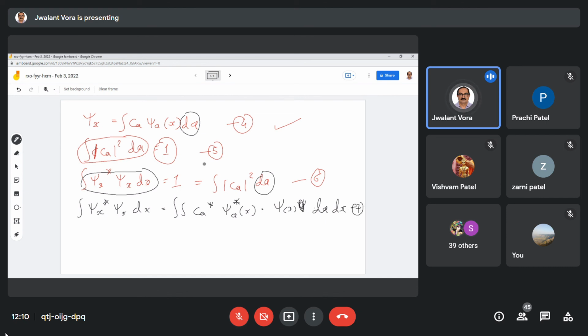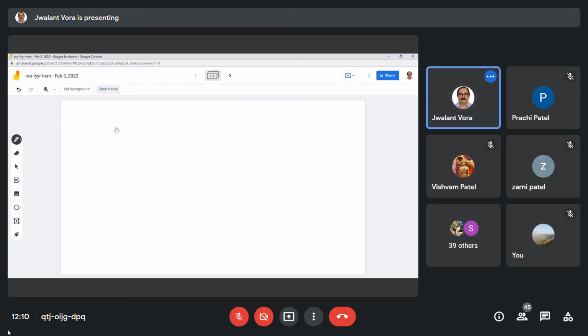By comparing these two equations, we get ca is equal to integration psi ax star into psi x dx. આનું એક પાનાનું સોલ્યુશન એમણે આપ્યું છે મને. બે ઇક્વેશનને કમ્પેર કરી ડાયરેક્ટલી. હવે એની ડેફિનેશન જોઈ લઈએ, હેવીસાઇડ સ્ટેપ અપ ફંક્શન અને ડિરેક્ટ ડેલ્ટાની. Then we will end this.